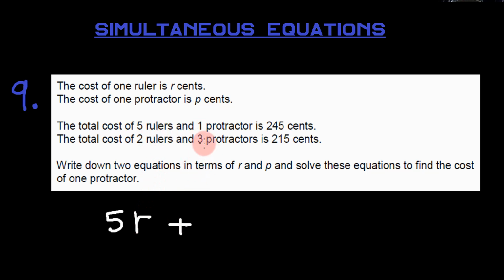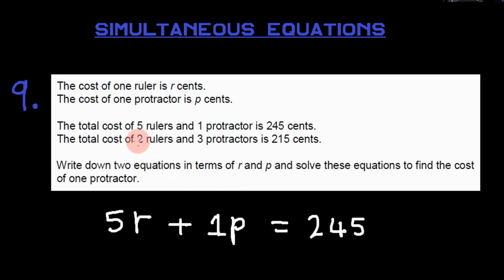Then plus 1 protractor, and 1 protractor is P cents, so it's just 1 times P. This will be the cost for the 1 protractor. Of course, we could also just write P here. Then according to this statement, the first one here, this must come to 245 cents.